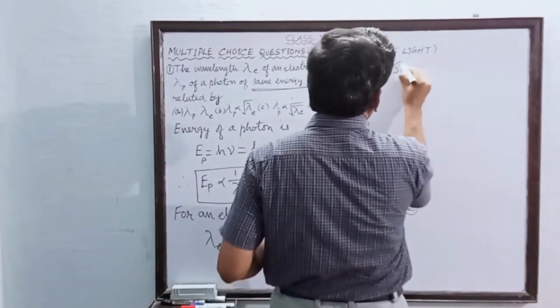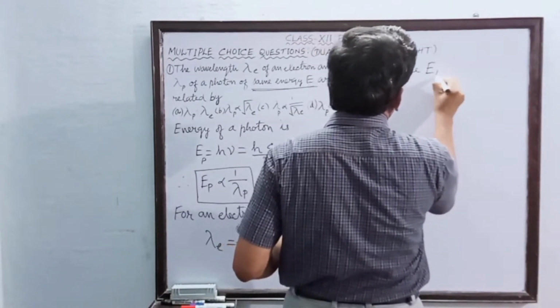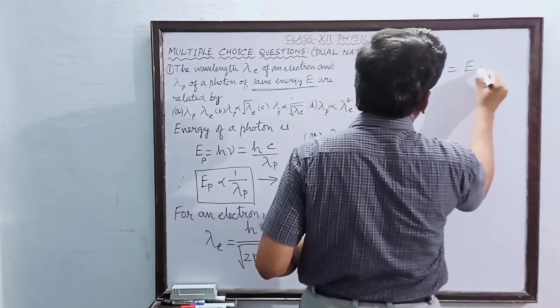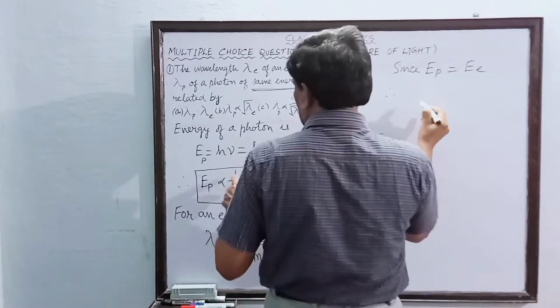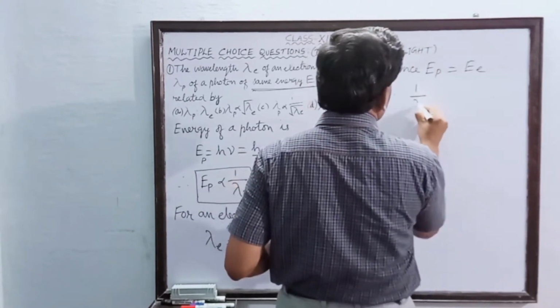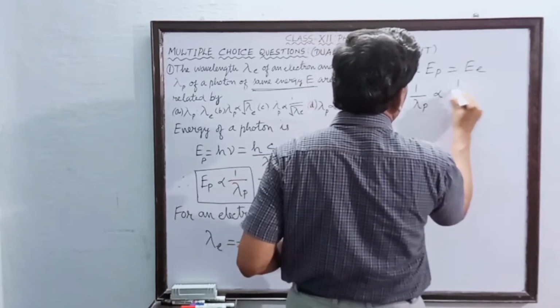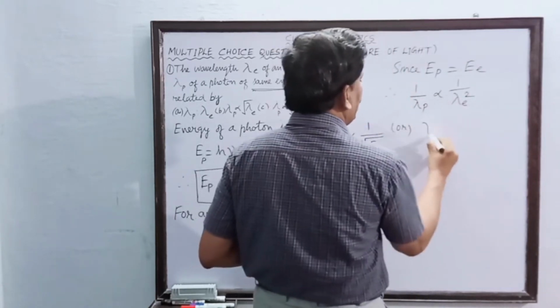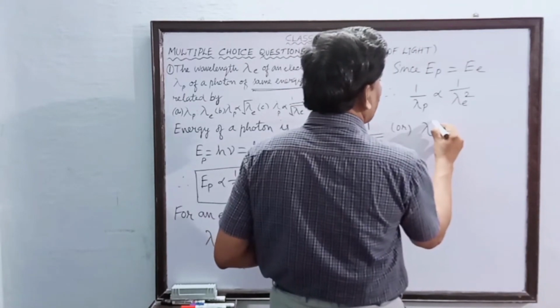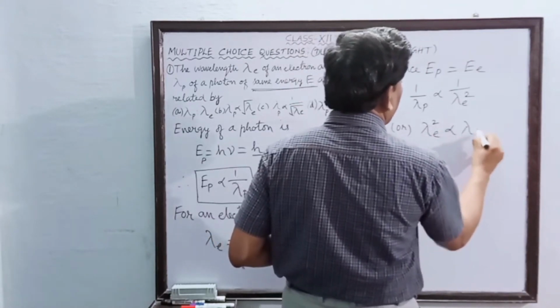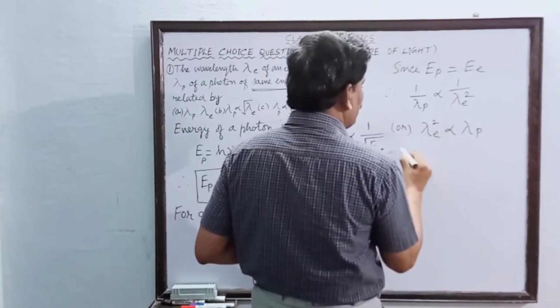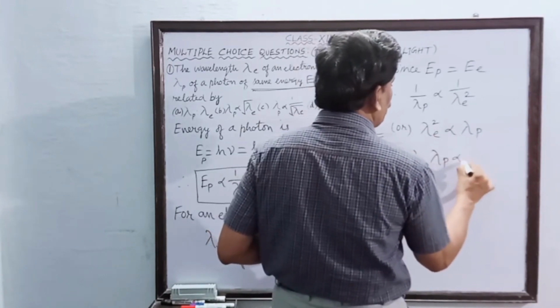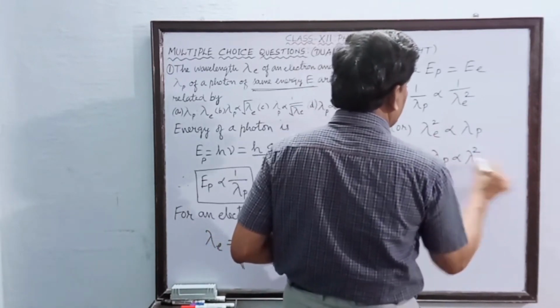So I will write, since EP is equal to EE, therefore the right hand sides must be proportional. So 1 by lambda p must be proportional to 1 by lambda e square, or lambda p is proportional to lambda e square.